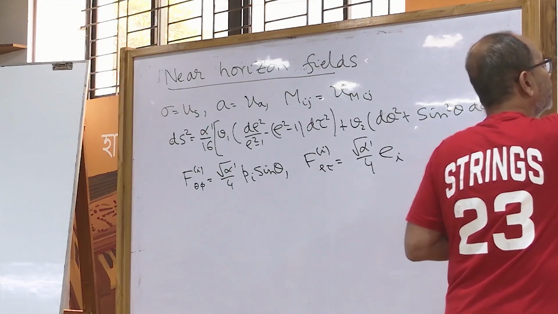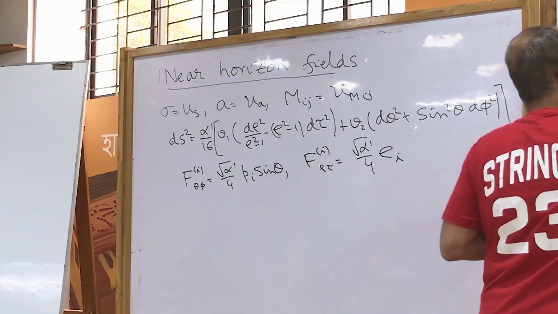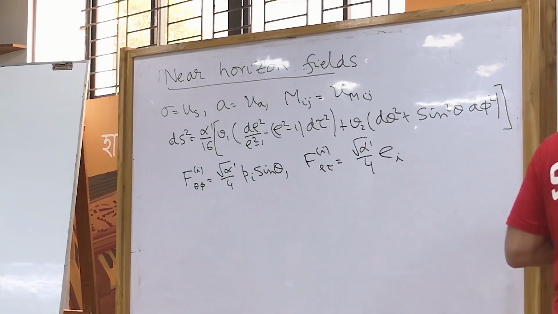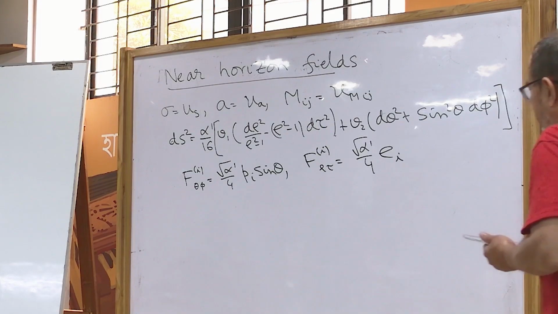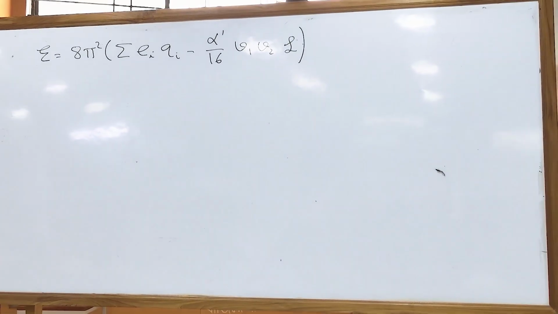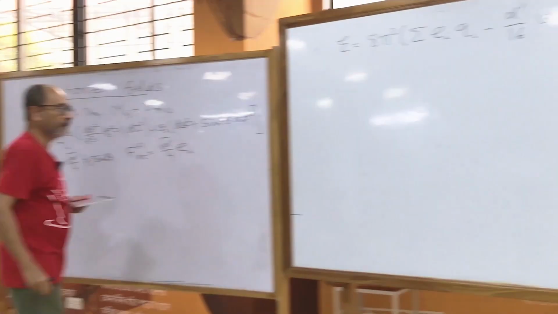E will be 8 pi square, and now we have to put this alpha prime over 16 V1 V2 L. Okay, because instead of V1 I have V1 times alpha prime over 16 square.